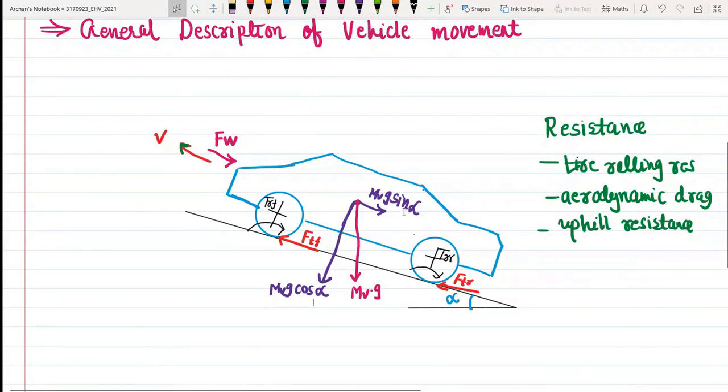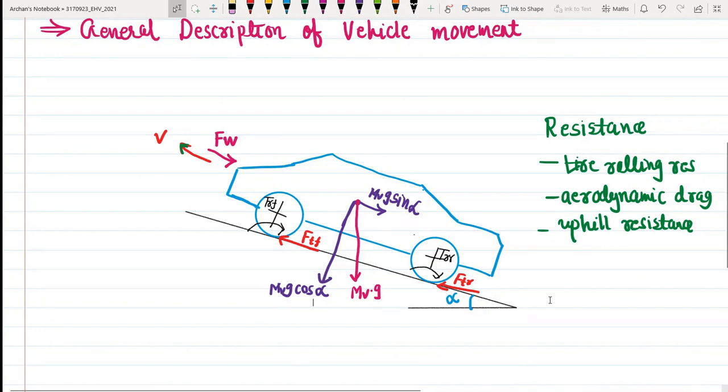So these three are the resistances which will oppose the movement of the vehicle. We'll discuss these resistances one by one, but let us first try to understand the phenomena of the acceleration of this vehicle.